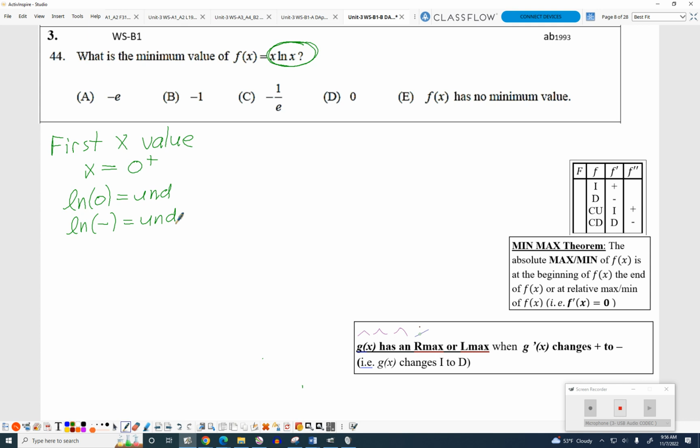Solid. So we know the first endpoint, the last x value, is again infinite. So x just goes on forever. When that's the case, the endpoints, I don't think I've ever seen them be the min or the max. Okay, questions?